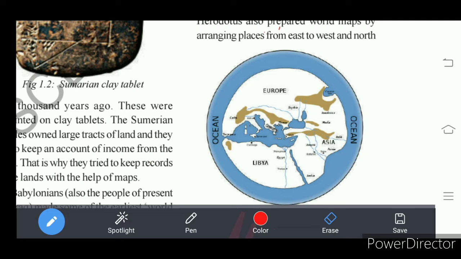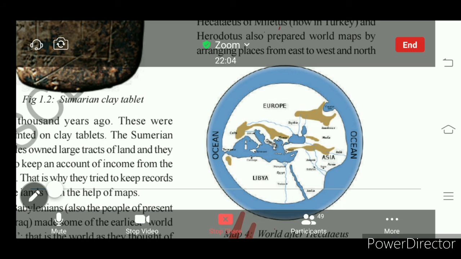And latitudes they drew taking the places which have equal length of shadow, connecting east to west. So in this way they used latitudes and longitudes to connect places, and to show the places very accurately on the map.